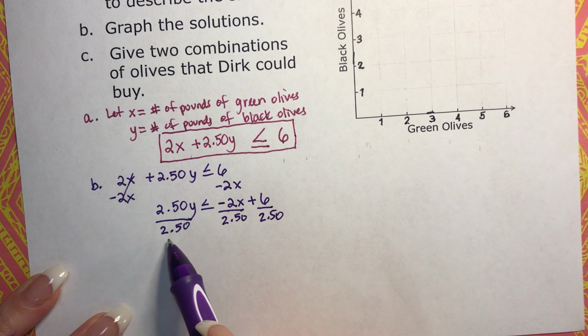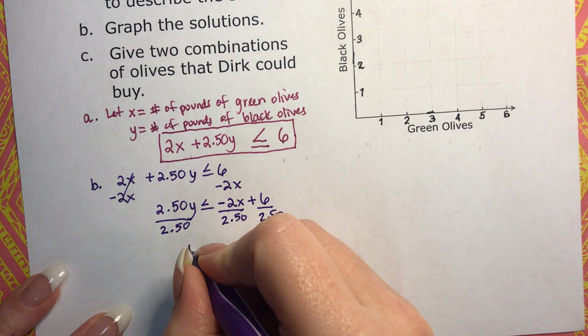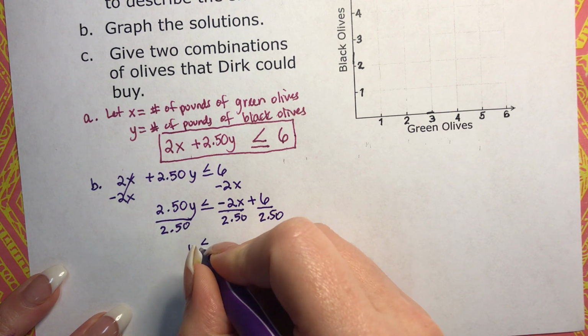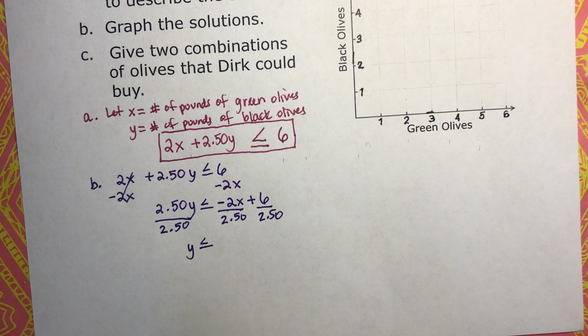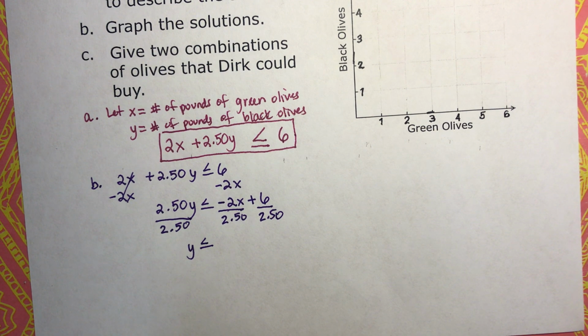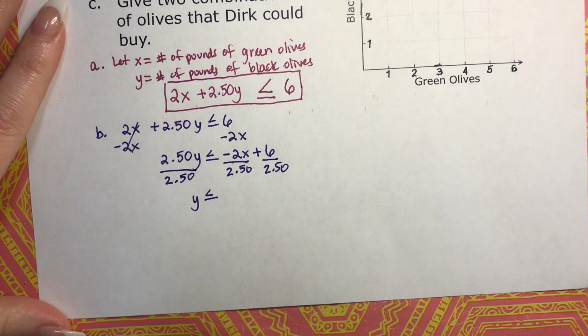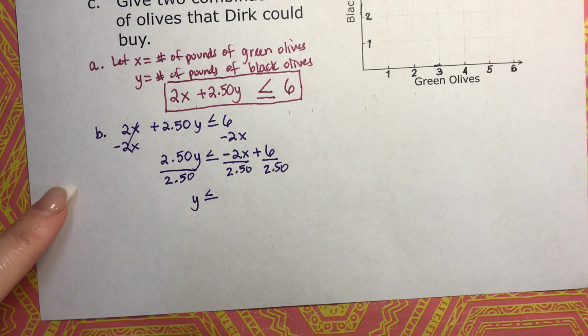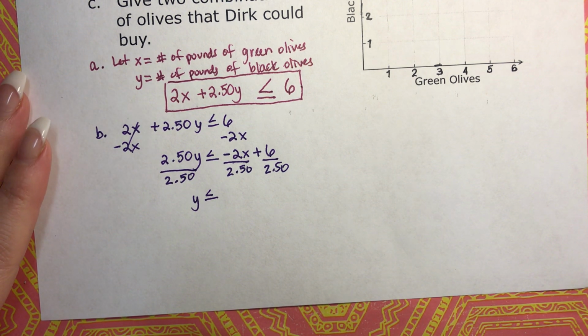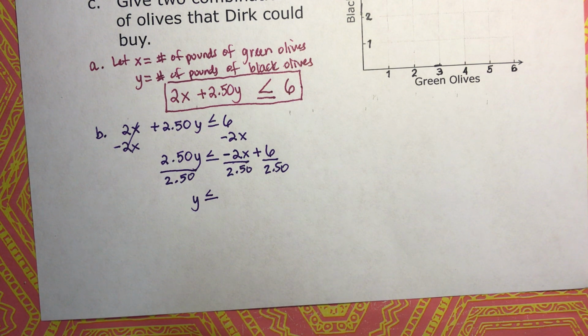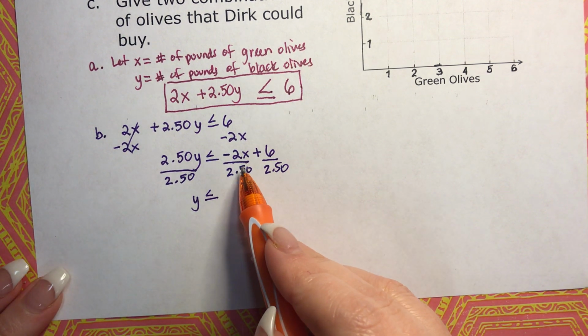So 2.5 divided by 2.5 is just going to be Y. So we have Y is less than or equal to, and then we have some simplification that we need to do here. So I'm going to go ahead and kind of do this on the side. All right, what color should I use? I think I'll use orange. Okay, so this is -2.